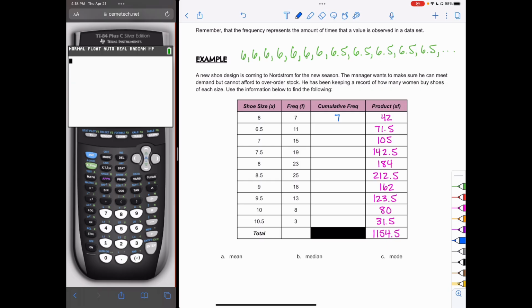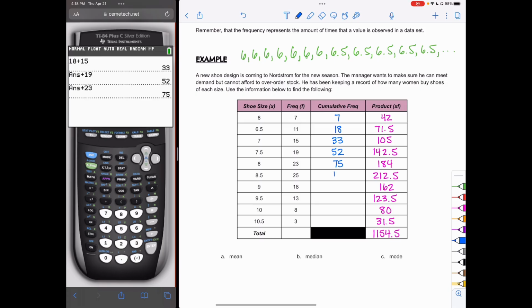So 7 plus 11 is going to give me 18. Then 18 plus 15 gives me a running total of 33. Then I add 19, which is 52. Then I add 23, which gives us the cumulative frequency of 75.